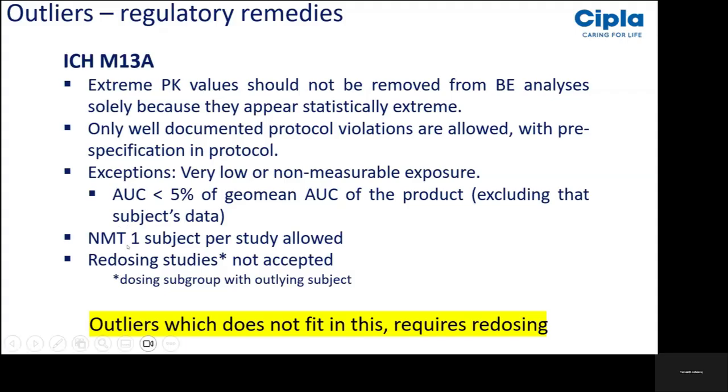And this can be done for only one subject per study. And more importantly, unlike earlier, redosing studies are not accepted anymore. With this constraint, outliers which do not fit these criteria would require a redosing of the study to really show the bioequivalence of the products.